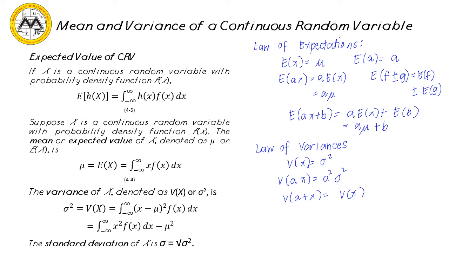Adding a constant or subtracting a constant does not change the variance. So the variance of ax plus b is equal to the variance of ax, because adding a constant would not change the variance. So this is a squared variance of x, or a squared sigma squared.